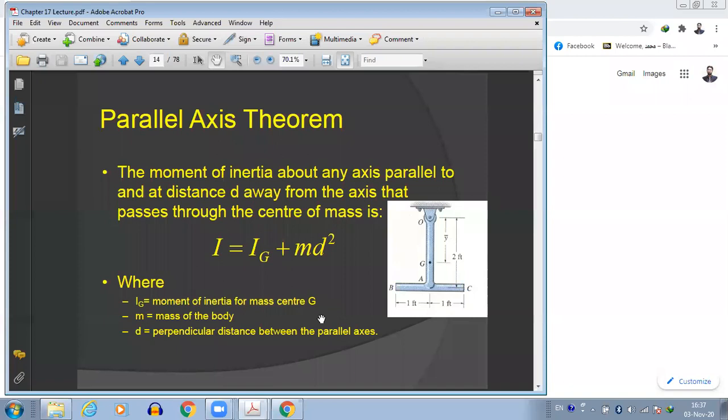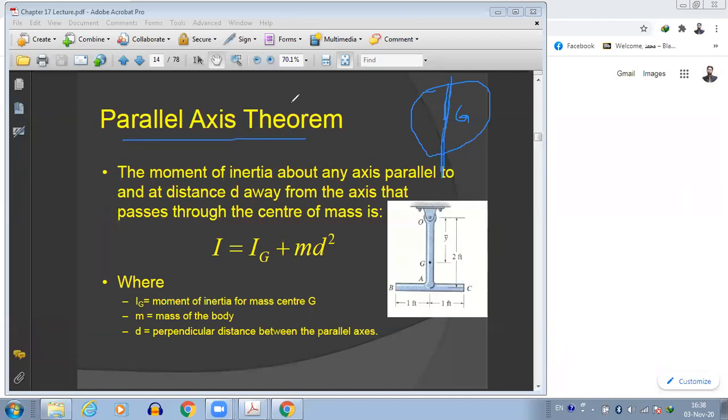Suppose I have a body. Let's say this is the body, and this is the center of gravity of the body. If I know the moment of inertia across this center of gravity, then using the parallel axis theorem I can find the moment of inertia across any point on the body.